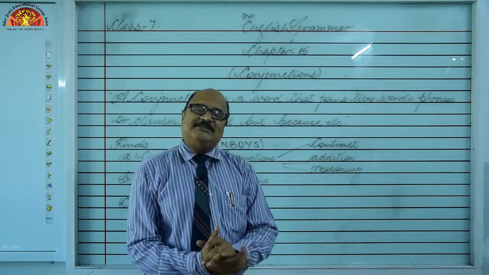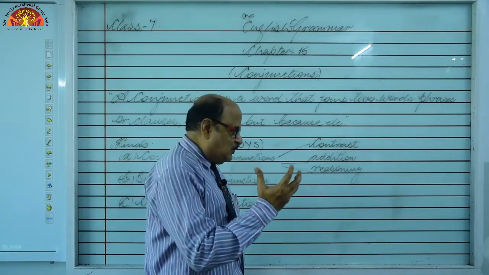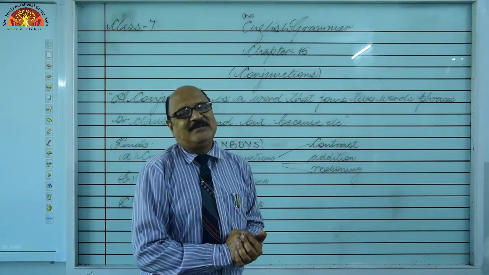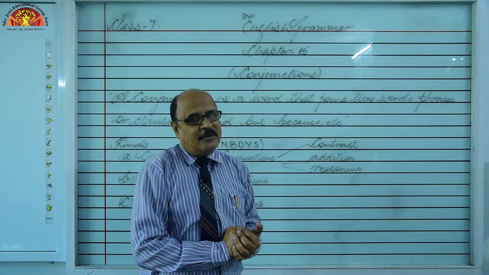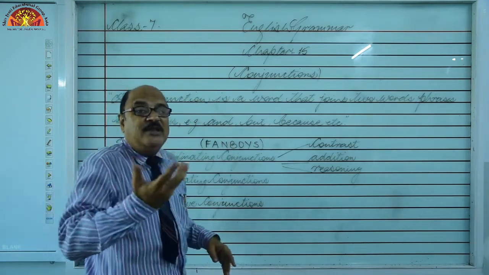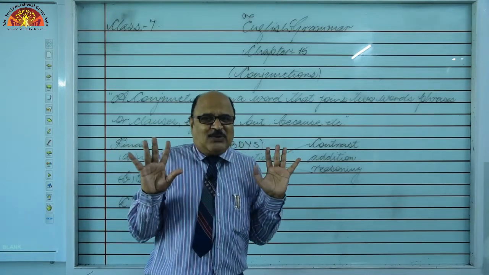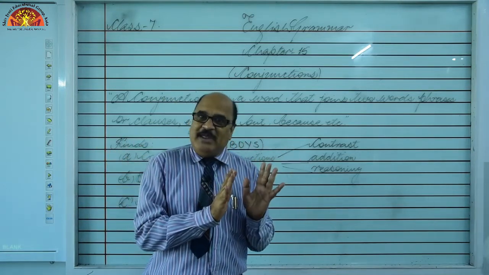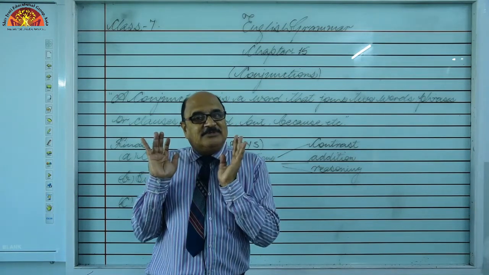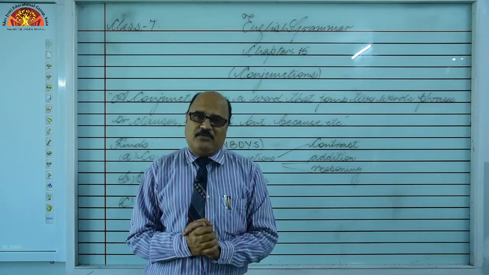And last is reasoning, right, whenever we are going to explain the reason of something. So, these are three coordinating conjunctions. Subordinating conjunctions, subordinate means one, at least that is for sure, two clauses are there. One is main clause or independent clause, and second one is subordinate clause or dependent clause, right.